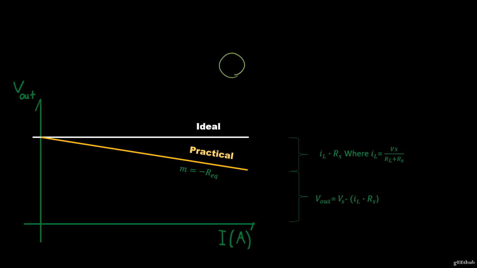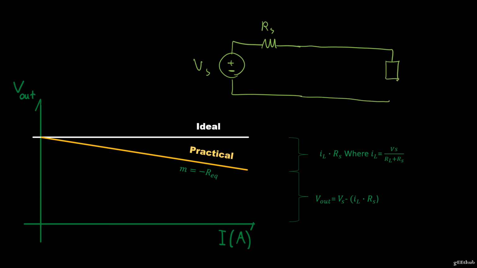When we connect a practical source with internal voltage of Vs and resistance of Rs to a load, depending on how large this created current is, the terminal or output voltage across this RL would be smaller than our source voltage.